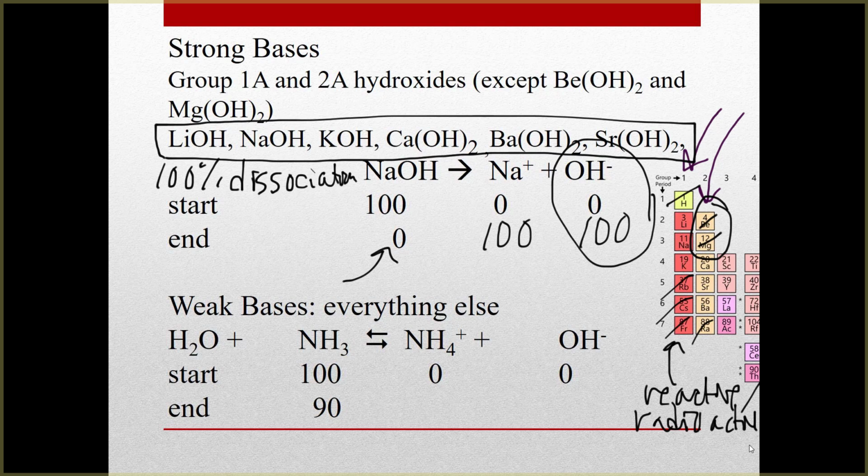And let's go back to that example of ammonia, the NH3. What makes this a base? It doesn't have an OH. And that is because it will take a hydrogen ion from water, and what's left of water is that OH. So you can see that one of the H's here goes over to my ammonia. So I have NH4 plus and I have an OH minus.